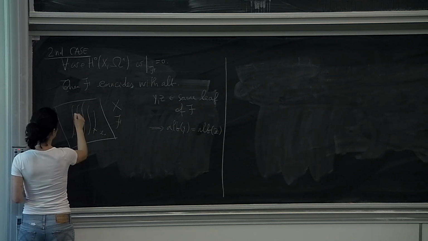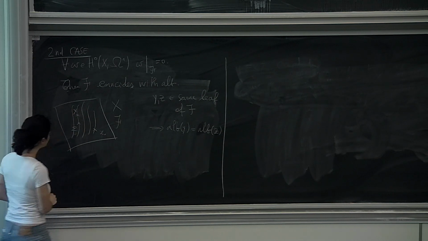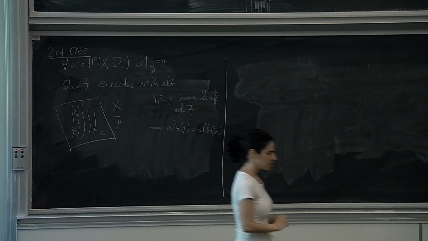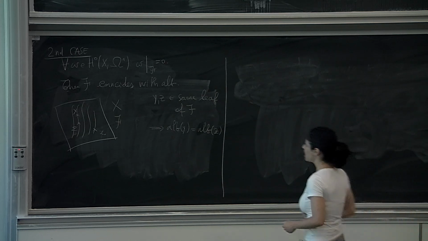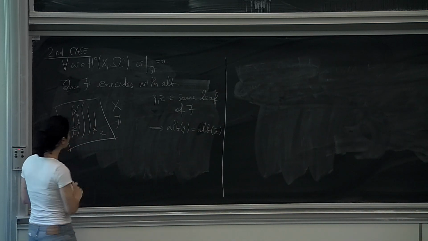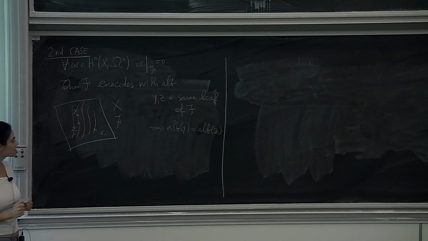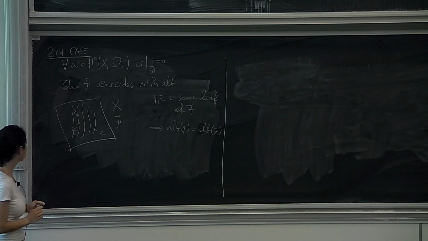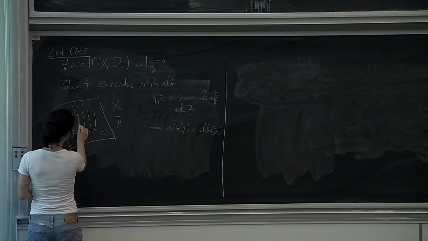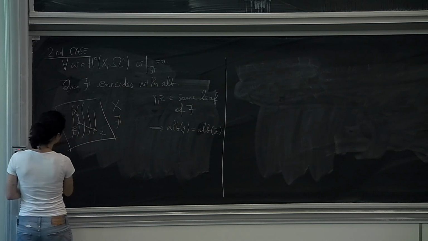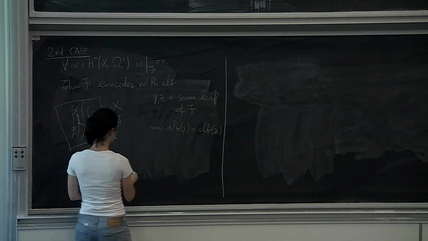So I have my y and z here. And when I do my integrals of forms along paths, I can choose the path I want. So I will choose a path from z to x0.